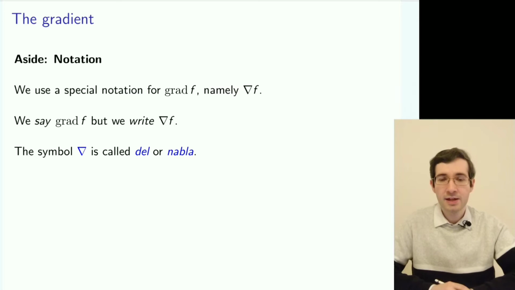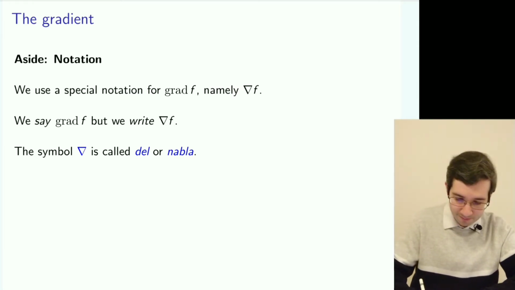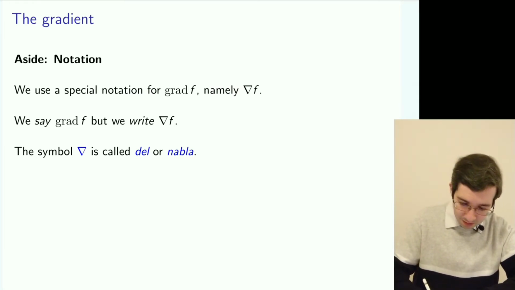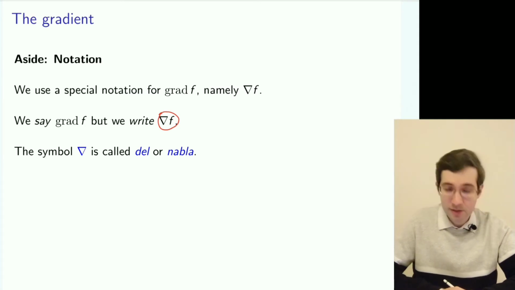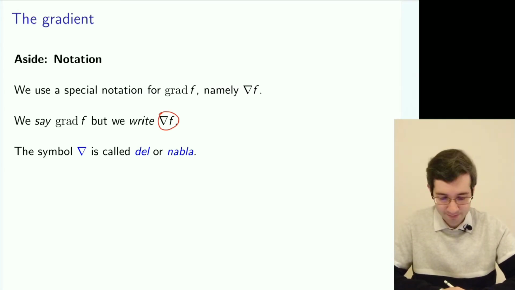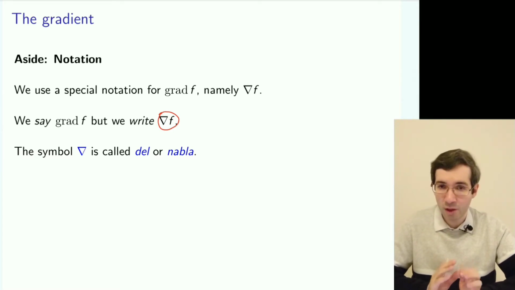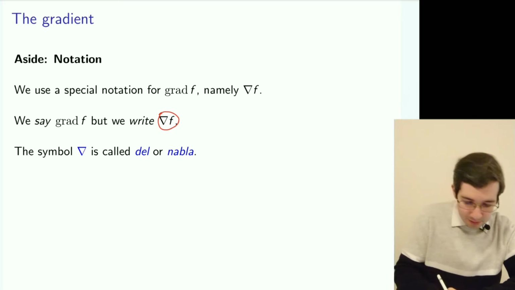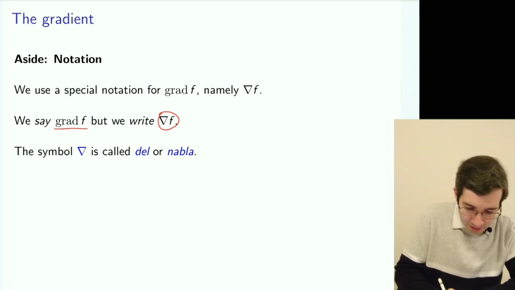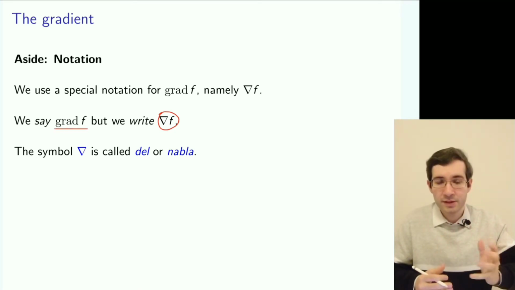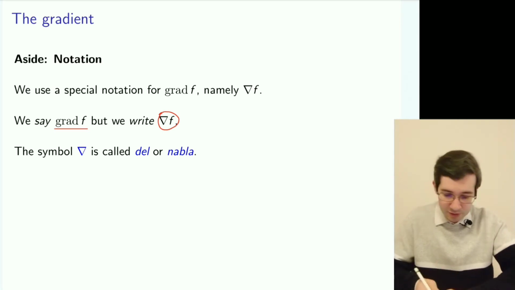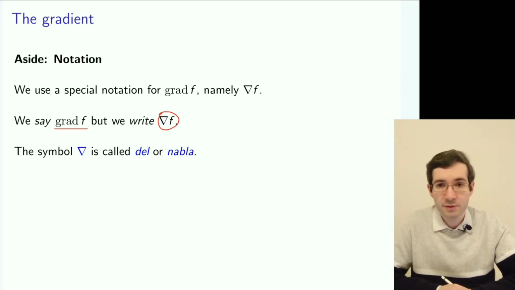So we often say gradient, but we write this operator, del or nabla. So that's actually a very useful symbol, and we'll see why it is written this way later. But for now, just consider this an equivalent way to denote a gradient. Either just write a gradient of f, or you just write this inverted triangle.